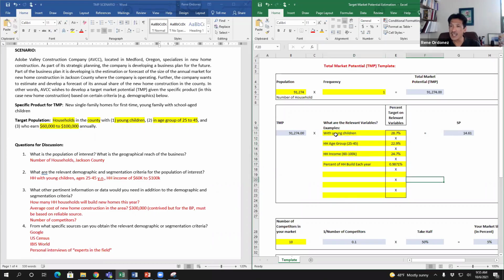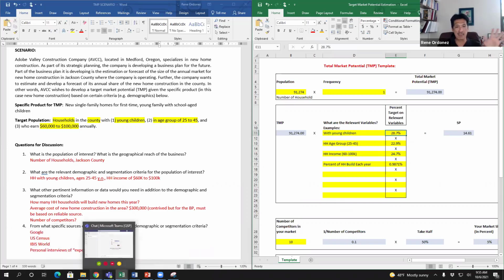So maybe let's look at this with young children. Why limit your market with young children? You might have couples who are just starting and with no children, right? So can we maybe revise this and say, hey, you know what?